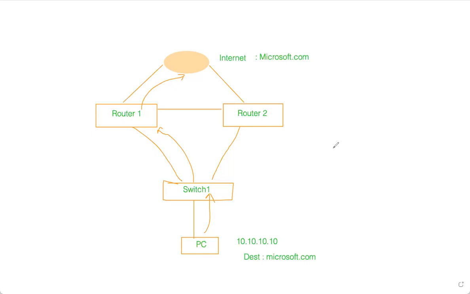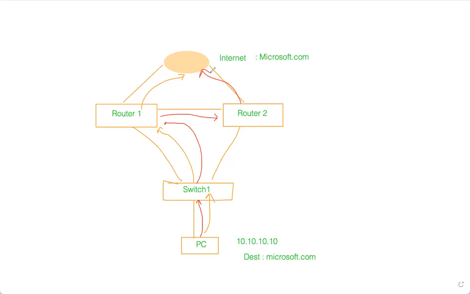Okay, then tell me, why did it not take this path: PC to switch one to router one to router two, and router two to the internet? Compared to switch one, router one, then internet, it's the shorter one.